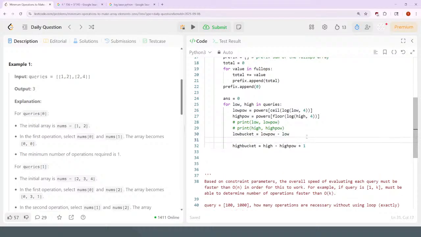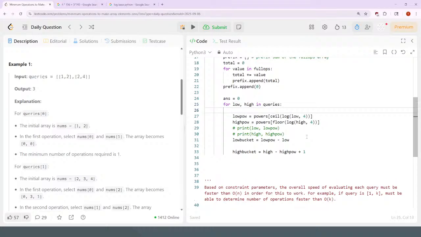And then I think this makes the low bucket, so that's the count of the values in the low bucket. I think I need to know the indices actually. I'll call the powers A and B, I guess. A equals the ceiling of log of low base 4.